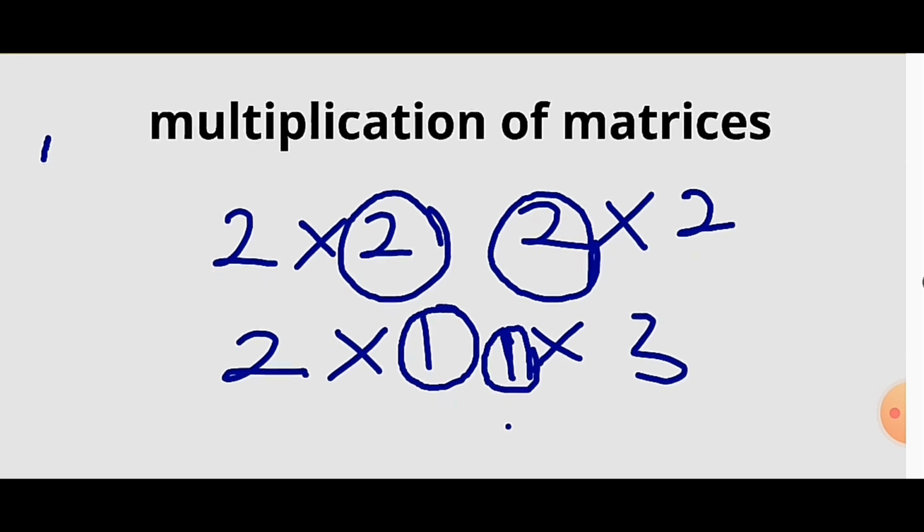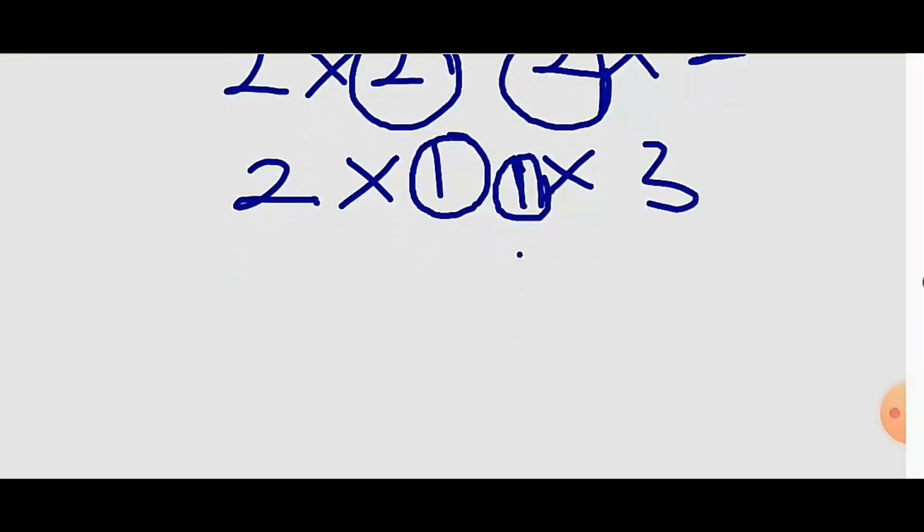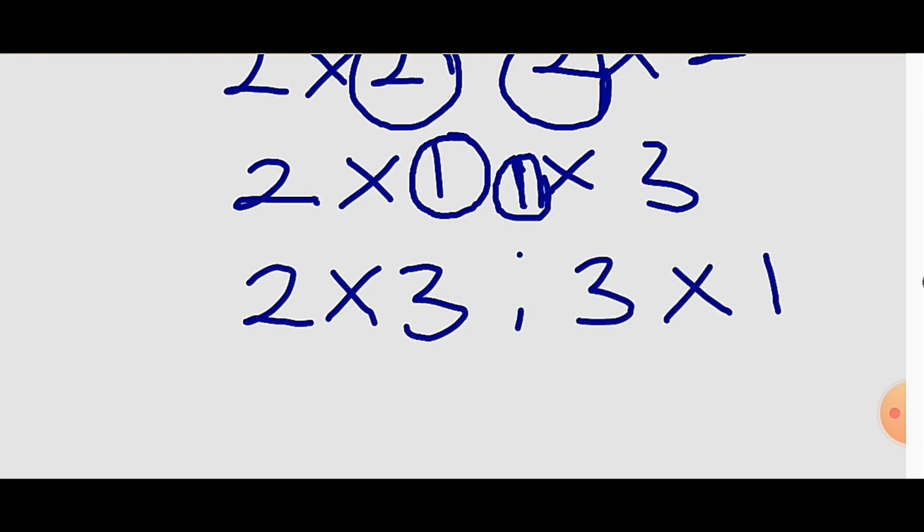I can give you as many examples as possible. Let us also try a 2 by 3 and a 3 by 1. The multiplication is also possible because the number of columns here is 3, and the number of rows here is also 3, so they are equal.